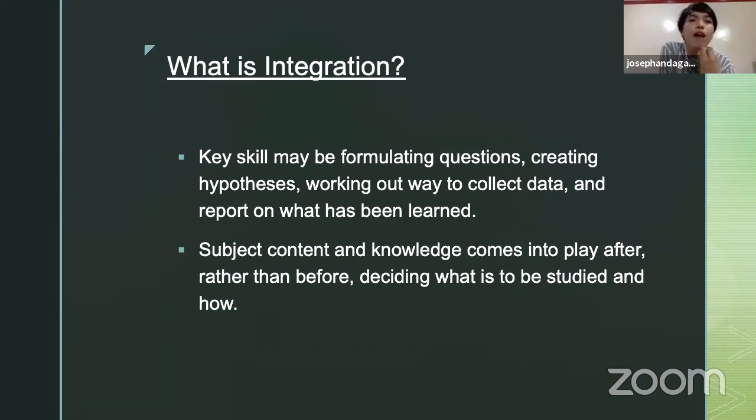So next we have subject content and knowledge comes into play another way rather than before, deciding what is to be studied and how. So that's why out of the essential learning competencies, it was trimmed down or filtered out into the most essential learning competencies.